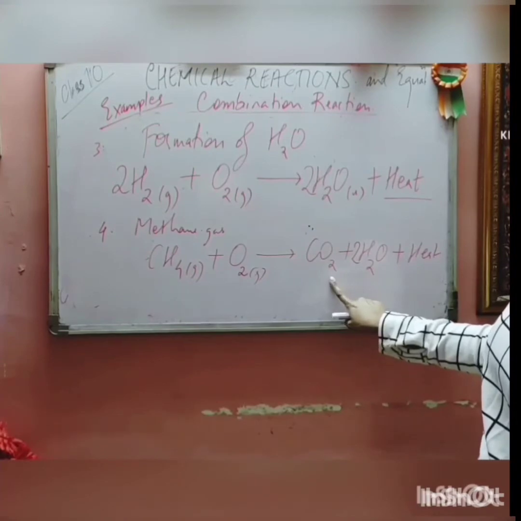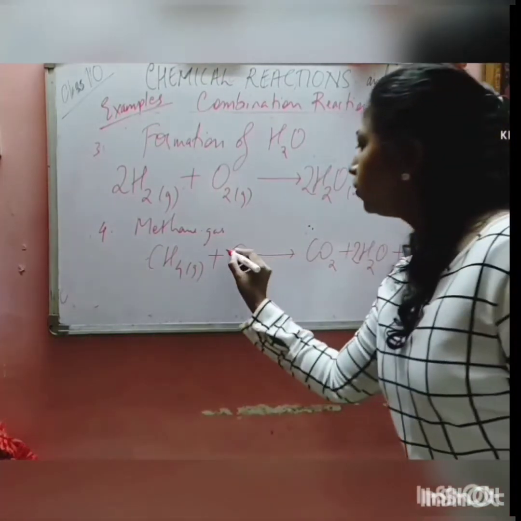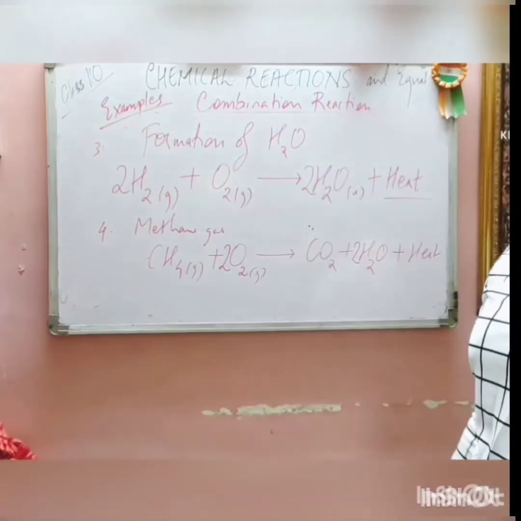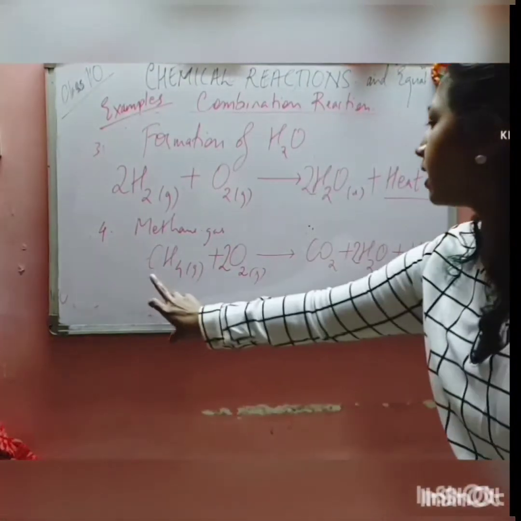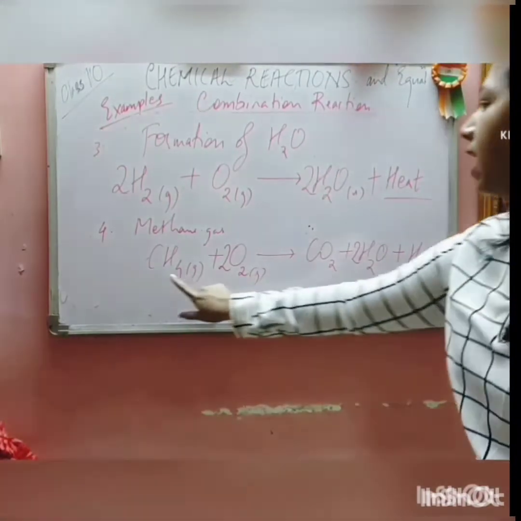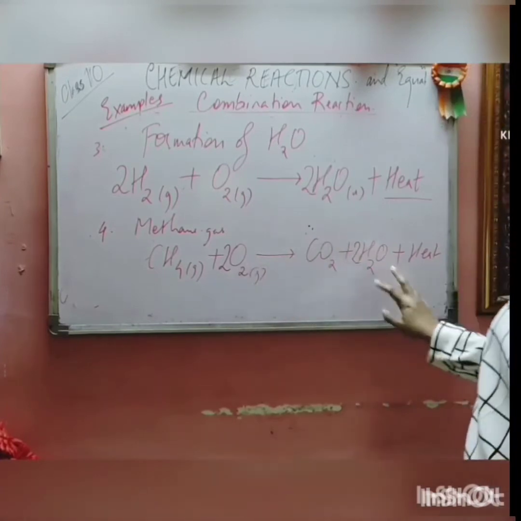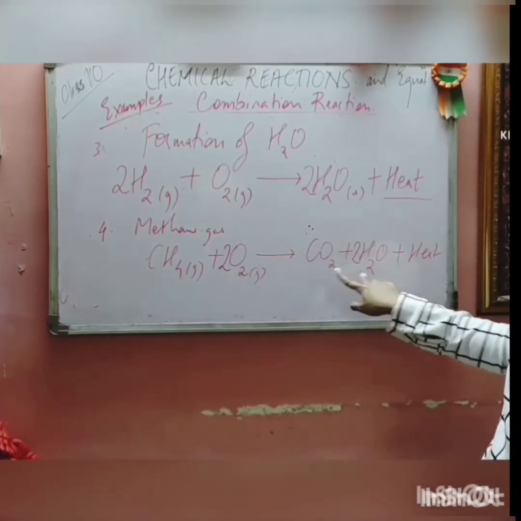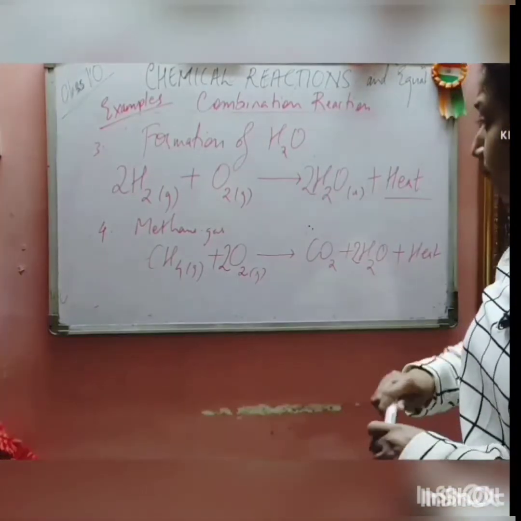Oxygen is how much, guys? 2 plus 2, 4. So here we need to multiply by 2. Now let's again check whether it is balanced. Carbon, H4, O4, here 2 and here 2, 4. That means balanced, sorted.